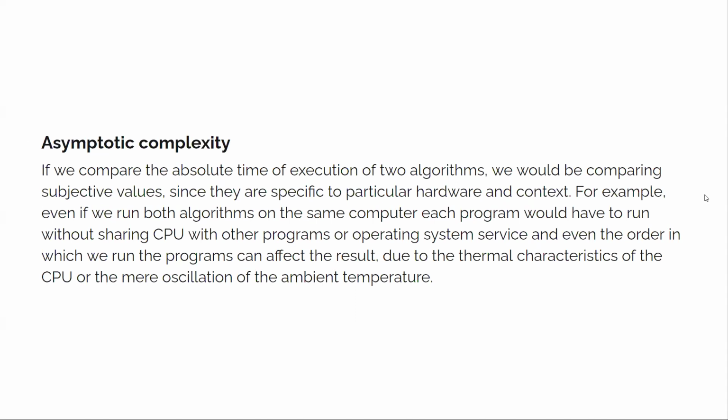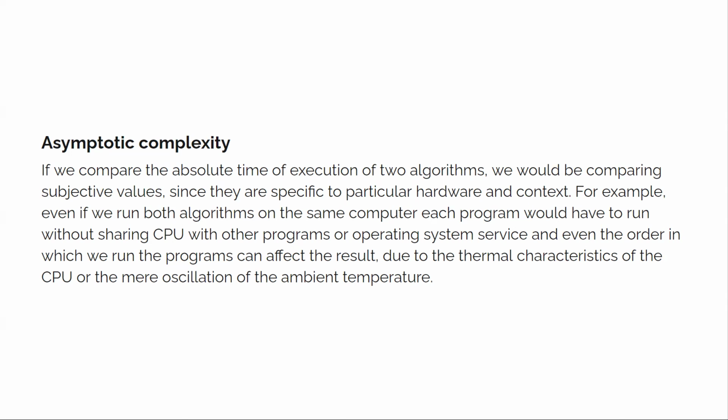Asymptotic complexity. If we compare the absolute time of execution of two algorithms, we would be comparing subjective values, since they are specific to a particular hardware and context. For example, even if we run both algorithms on the same computer, each program would have to run without sharing the CPU with other programs or operating system services.